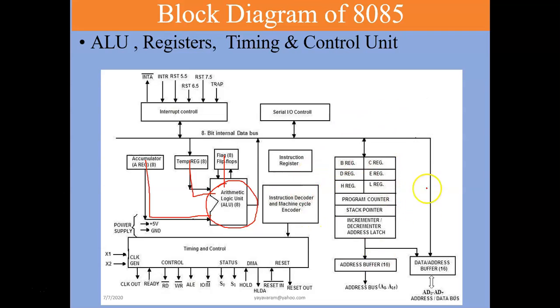All others are outside the ALU. That's why first we'll consider these 3 registers in this lecture: the accumulator, the temporary register, and some of the flag bits of the flag register. All 3 are 8-bit registers, that's why in the brackets I have written 8. In the coming classes, we'll go to the other things.